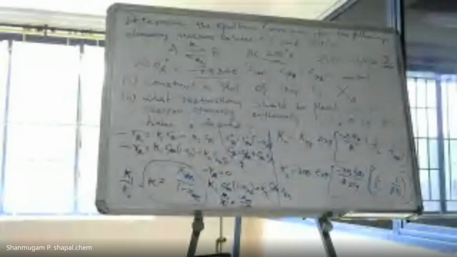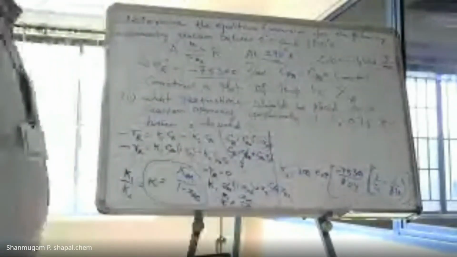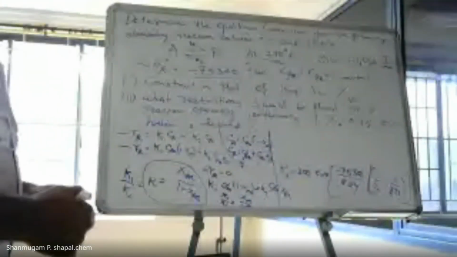We know the relation XAE equals K1 by K1 plus K2, and here we consider K2 to be K, just for our sake. We will keep this as the equilibrium conversion.